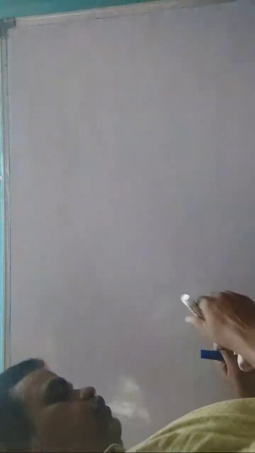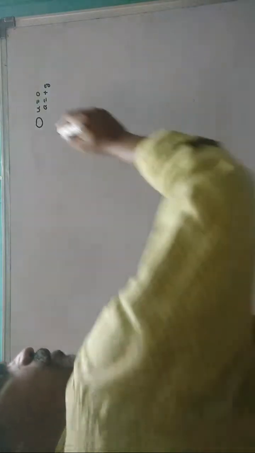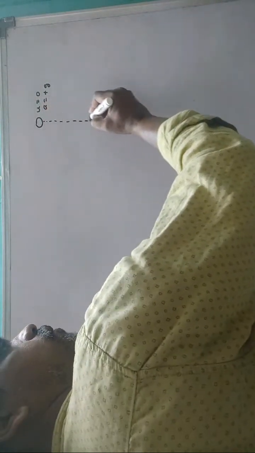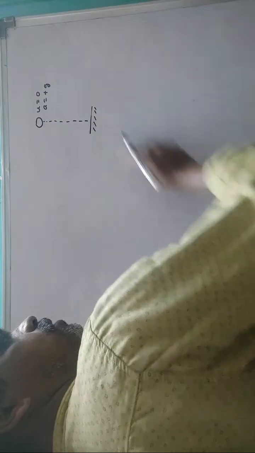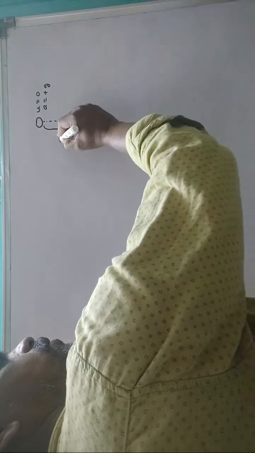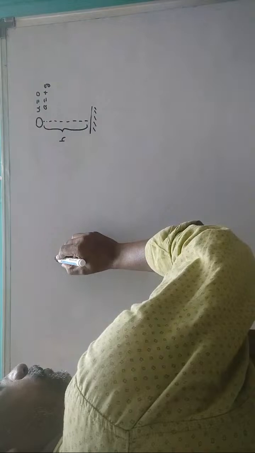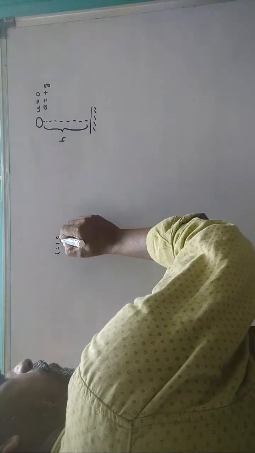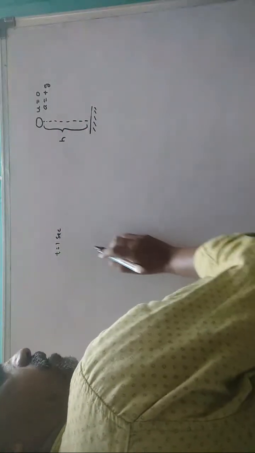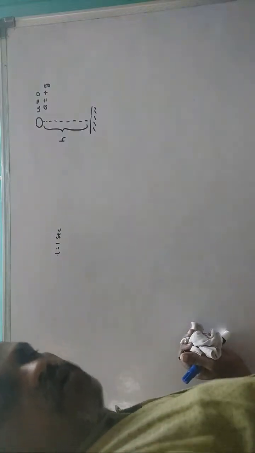Now this is a freely falling body. Conditions are u equal to 0, a equal to plus g, and it is coming to the ground. So here, for example, t equal to 1 second. In t equal to 1 second, how much displacement is covered by that freely falling body?